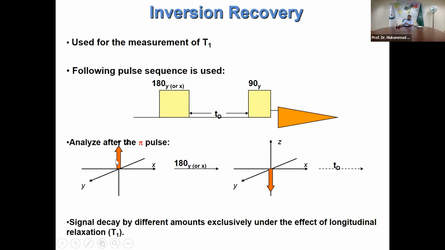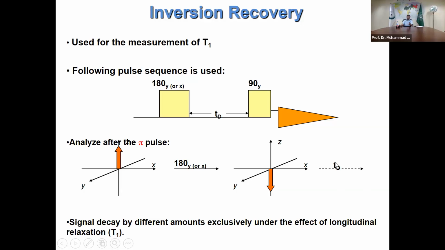So a 180 pulse, it goes down there, you give a time delay, and as you know, during this time this magnetization vector will try to go back to thermal equilibrium on plus Z, and this time delay is adjusted. You have the capacity to change this time delay, an incremented time delay.